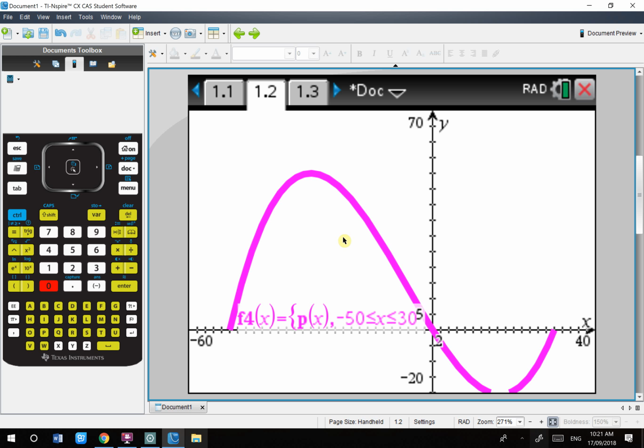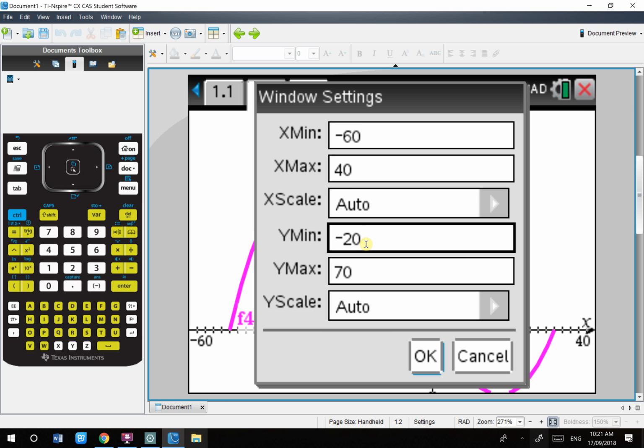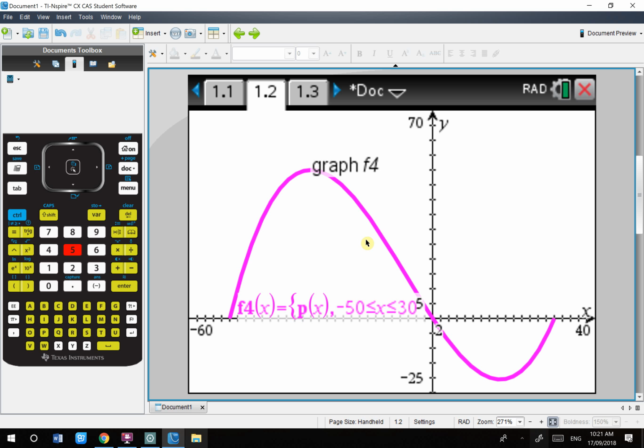Can you see the most minimum point is not showing, and the top has a little bit of space. So I need to adjust that again. This minus 20 is not enough, but it's kind of correct, so I make it minus 25. Hopefully that should work. Yep, I can see the whole graph. Even though it's not right in the center, it makes sense to me. What I need to work out is the maximum point and the minimum point.